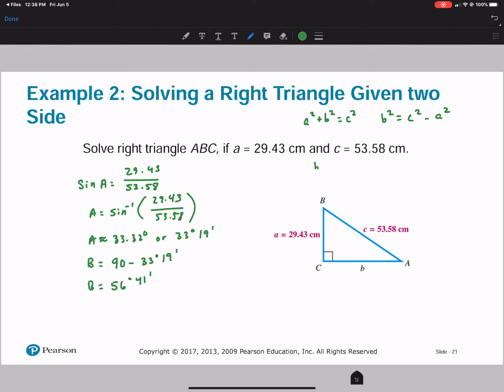So B is equal to the square root of 53.58 squared minus 29.43 squared. So B is roughly 44.77 centimeters, because that's what we are in, centimeters.